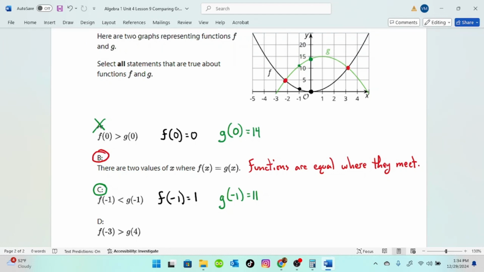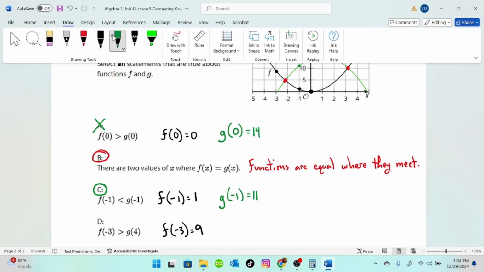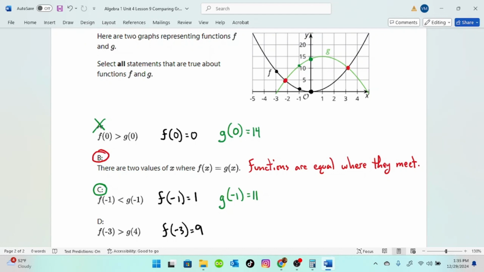And finally, choice D, we have f of negative 3. That means we need to go to negative 3 for the x, go up until we hit the black line, and we see that that value is approximately 9. Then we're comparing that to g of 4.